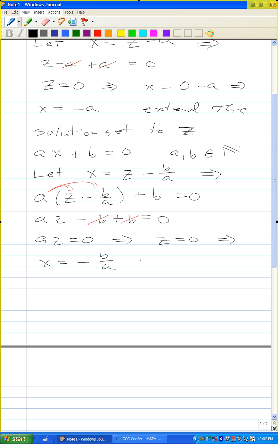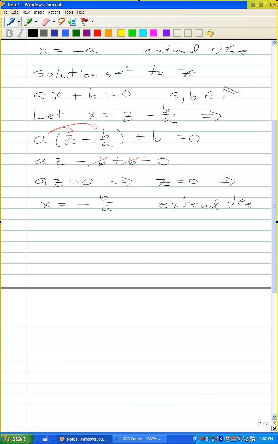And so in this case, again, we have to extend the solution set, the set of all possible solutions, to the rational field. And so I have to be able to include fractions.